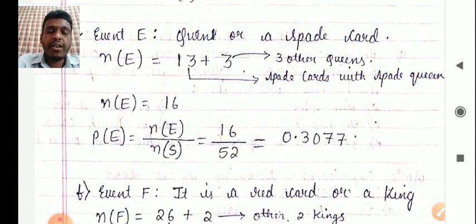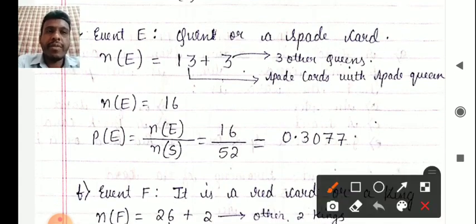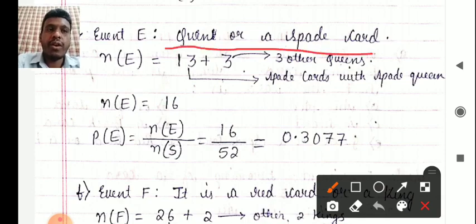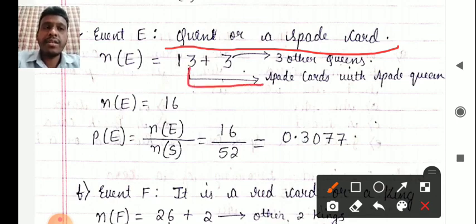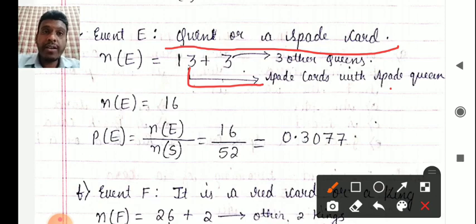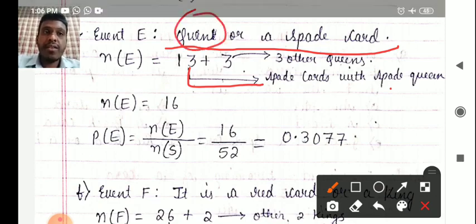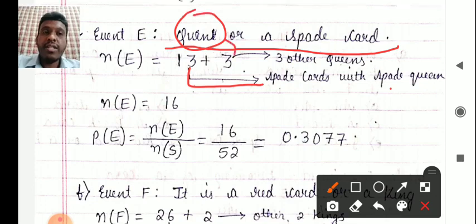What is n of E? What is event E? Event E is nothing but it is a queen or a spade. Okay, it is a queen or a spade card. So how many cards might come in this event? So n of E, how many spade cards are there? Spade cards are 13 in number. But this spade card also includes the queen of spade, right? Queen of spade is already included in these 13 cards, so there are only 3 other queens remaining.